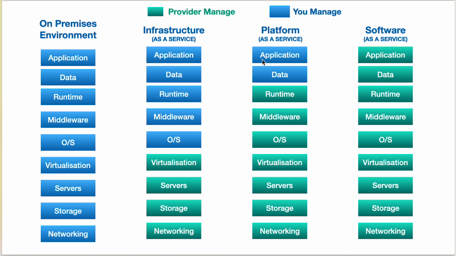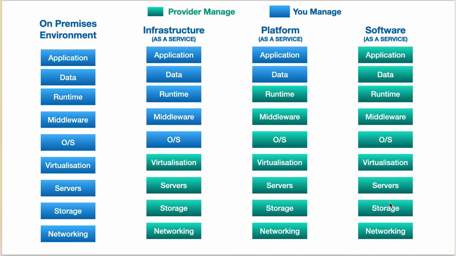Now, if we move to PaaS, that is platform as a service, we manage only application and data. We do not worry about underlying hardware and operating systems. Other things are managed by the provider. Whereas on SaaS, that is software as a service, everything is managed by the provider.